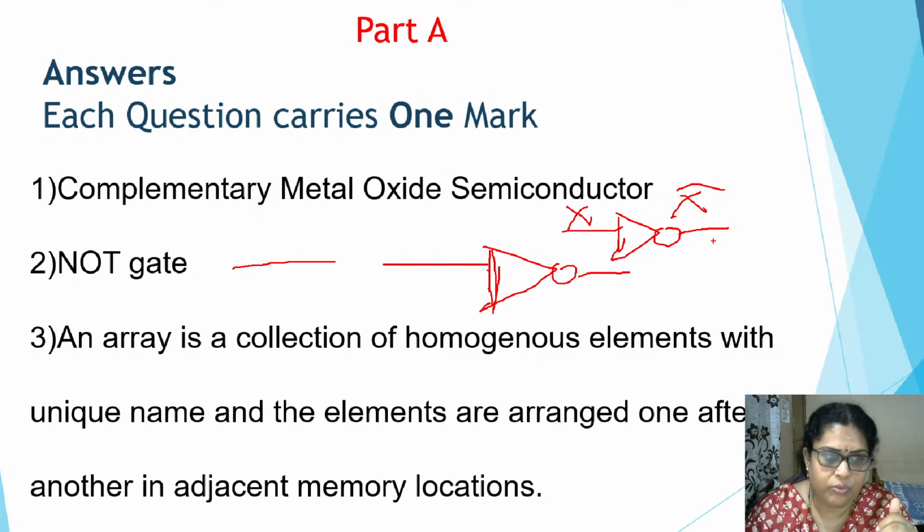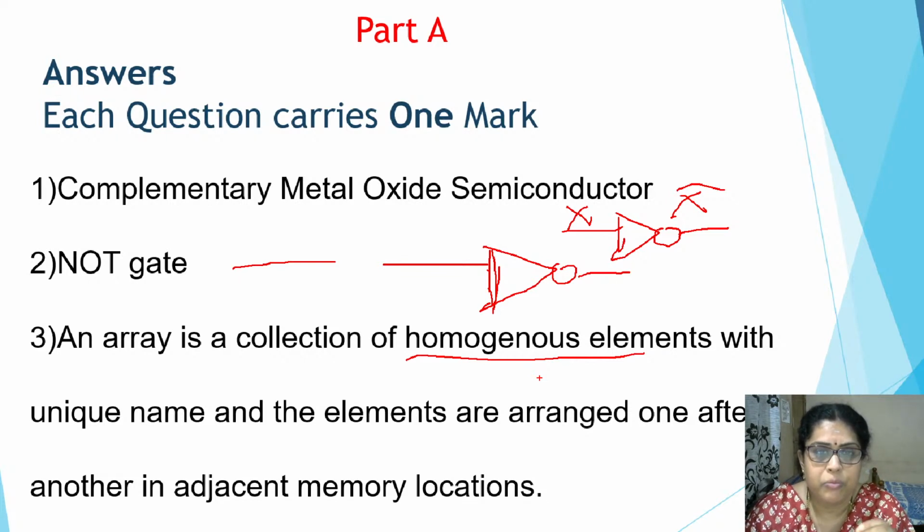Okay, the next question we have is, what is an array? This you would have learned in your first PU itself. An array is a collection of homogeneous elements with a unique name, and the elements are arranged one after another in memory locations. What do I mean by homogeneous elements? The word homogeneous means the elements are of the same data type.